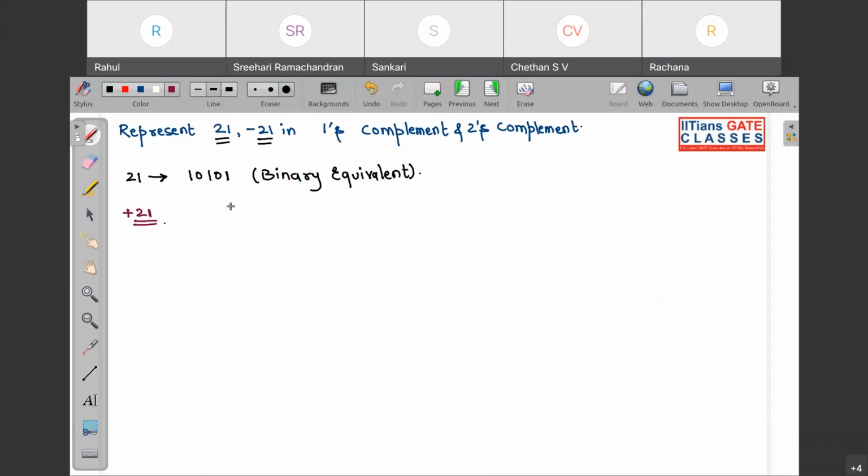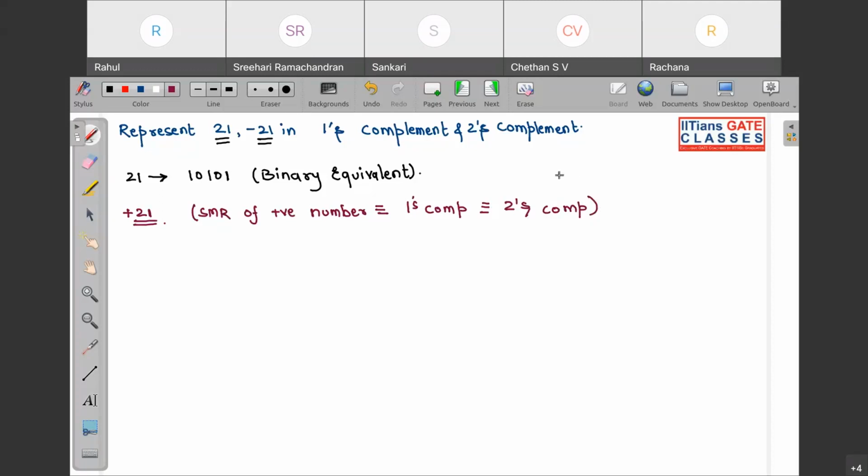So the sign magnitude representation of a positive number is equivalent to its 1's complement and also equivalent to its 2's complement.